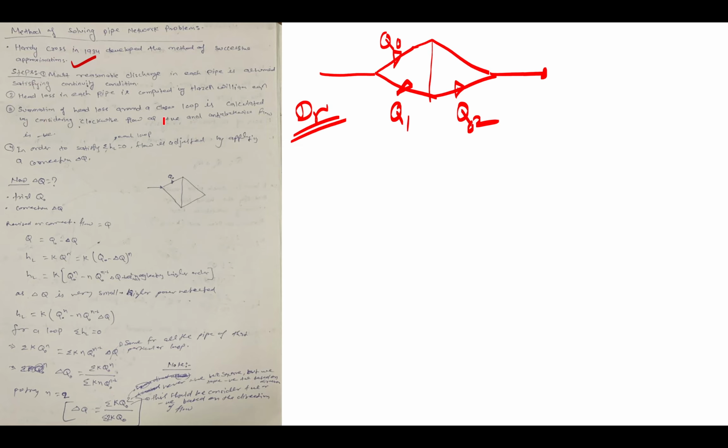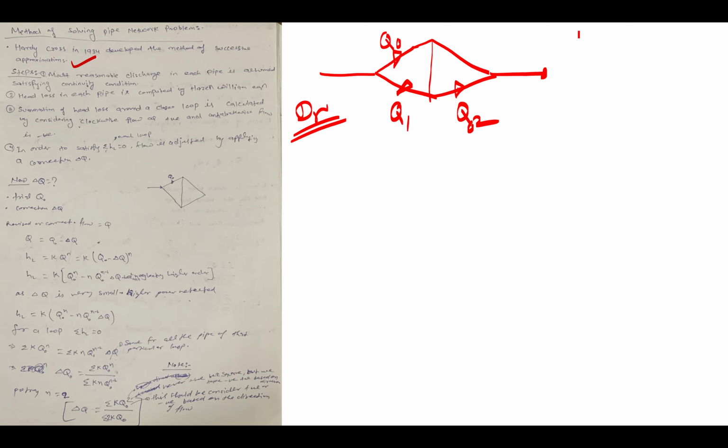Summation of head loss around a closed loop is calculated by considering clockwise flow as positive and anti-clockwise as negative. So this is what we are going to assume. Sometimes you can take the anti-clockwise positive and clockwise negative, but here generally we take clockwise as positive.